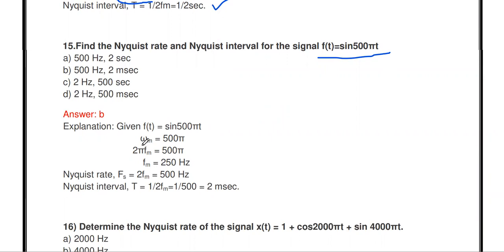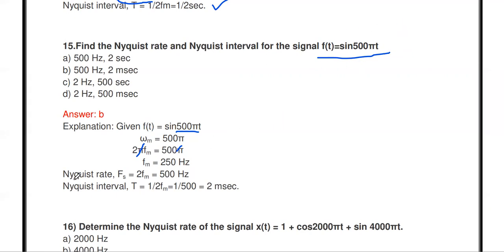According to that, the radian frequency omega m is equal to 500 pi. Omega m can be expanded as 2 pi fm, so the pi cancels. Calculating fm, we get 500 divided by 2, which is 250 hertz. So the frequency of our given message signal is 250 hertz.